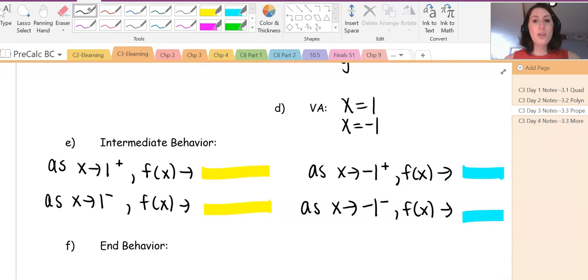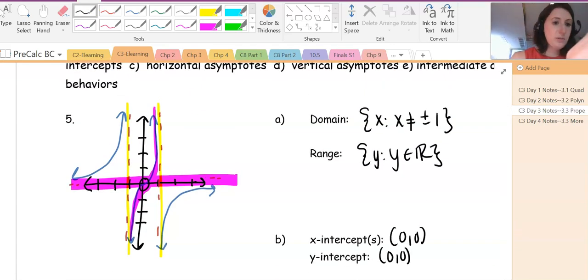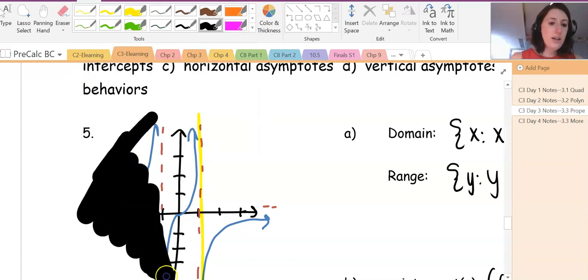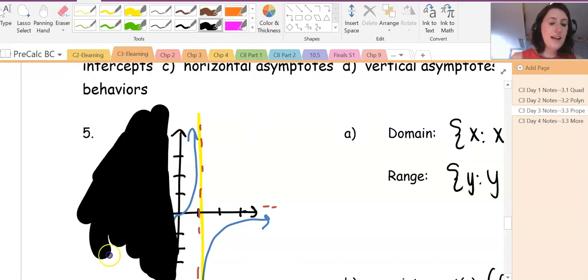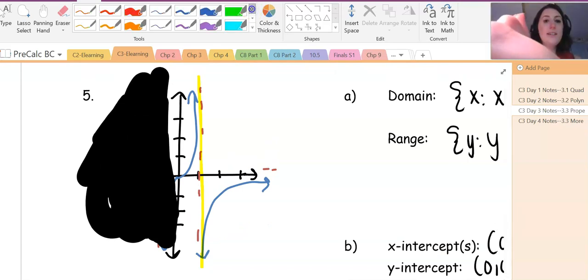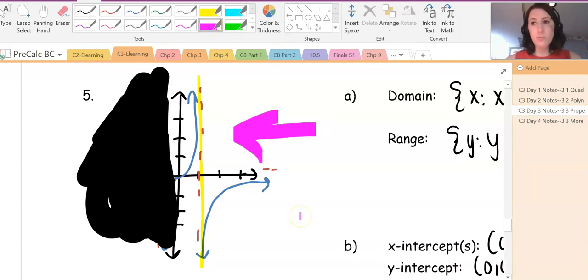Okay, so let's deal with the positive one first. Zoom in. When you do this, try to completely ignore everything that is not happening around our vertical asymptote. So literally you're just looking at x equals 1. And as we approach from the right, go down to where the actual graph is.